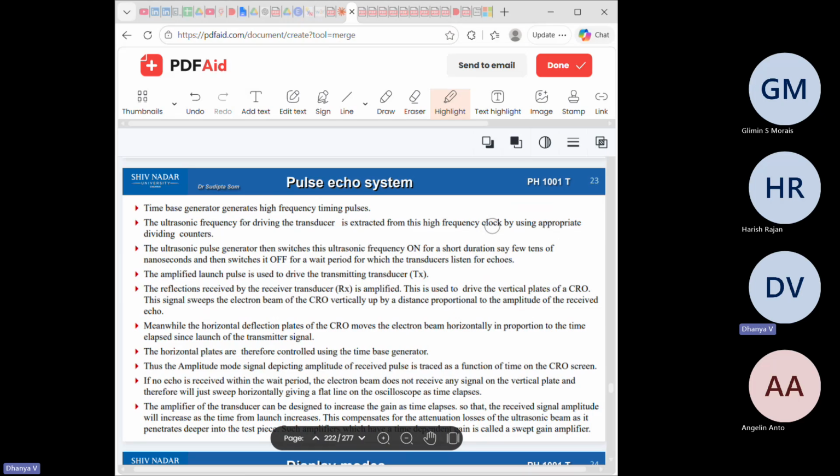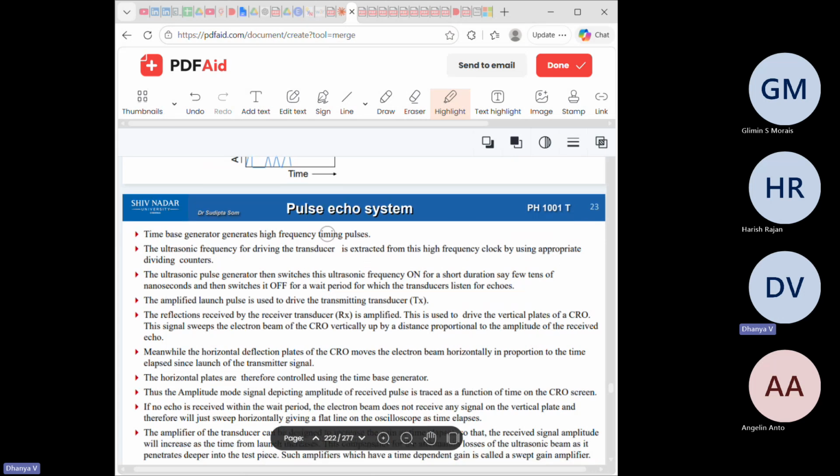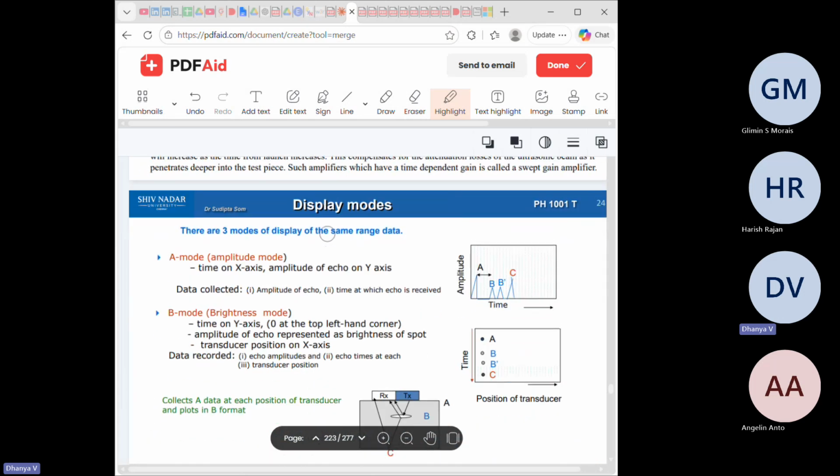Maybe they'll just ask you the ways to detect ultrasonic waves. What are the different methods that you use? You can use piezoelectric, magnetostrictive, and all of that you can talk about. It could be one among these, but pulse echo is also something you can expect.